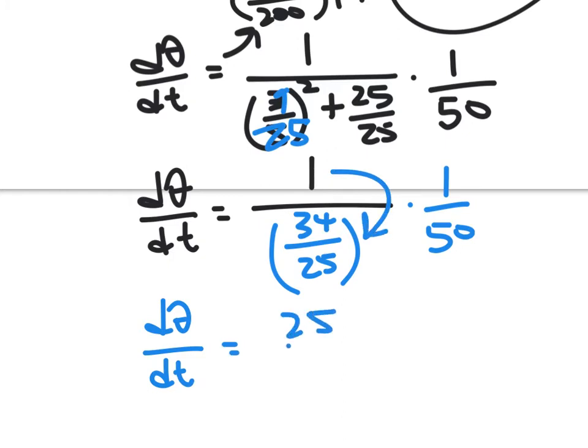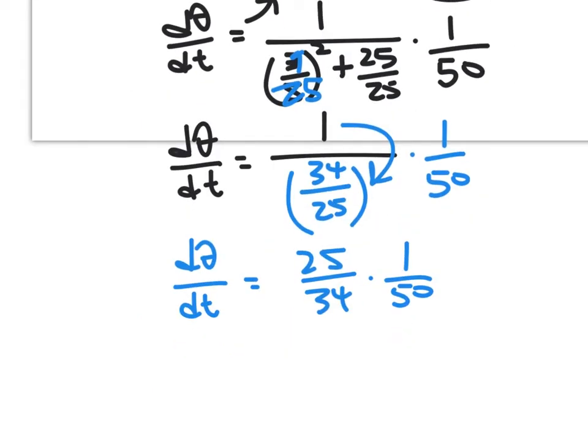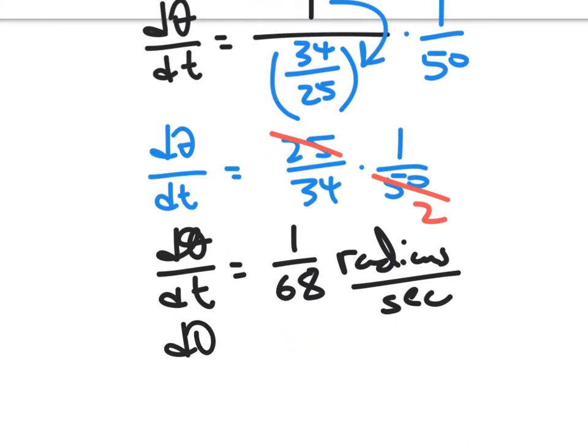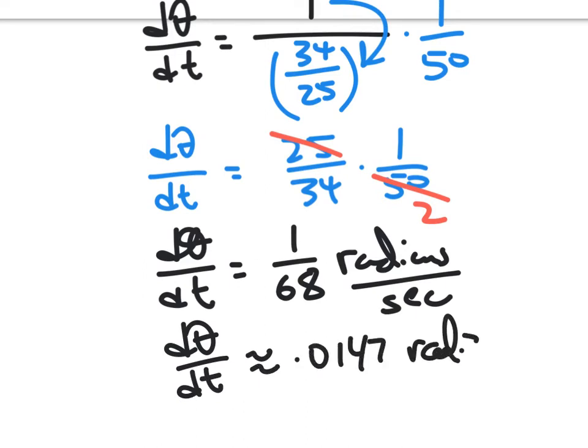So it'd be 25 over 34 times 1 over 50. We get a little bit of reduction here. That would make that a 2. Therefore, we get d theta/dt equal to 1 over 68 radians per second. If we were to approximate that, that would be approximately 0.0147 radians per second.